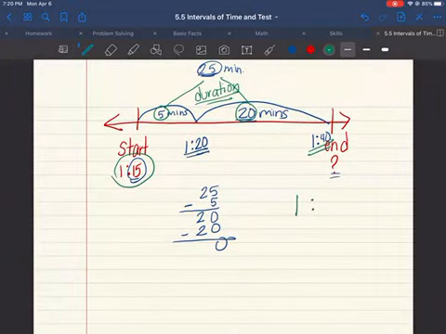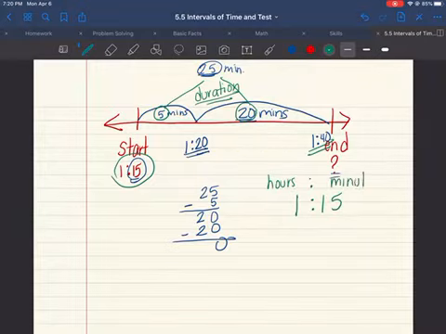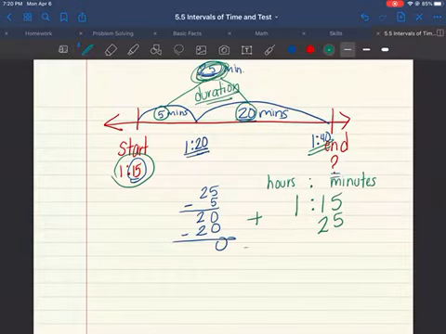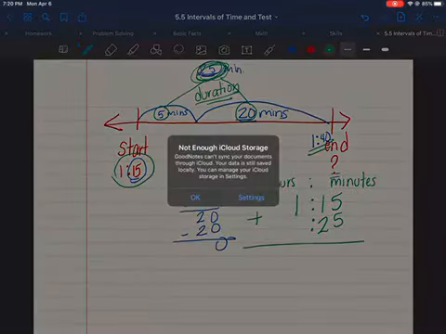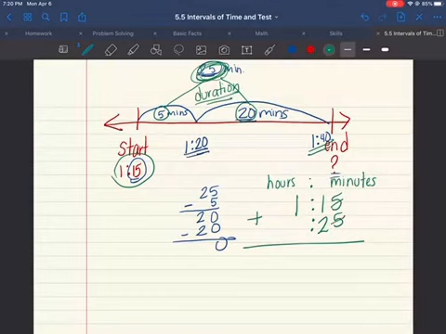Okay, you can also do it this way. The start time was 1:15. Remember, these are my hours and these are my minutes. And they want me to add 25 minutes. That's the duration. So if I add 25 minutes, where would I end up at? Well, let me go ahead and start with my minutes. 5 minutes plus 5 minutes is 10 minutes.